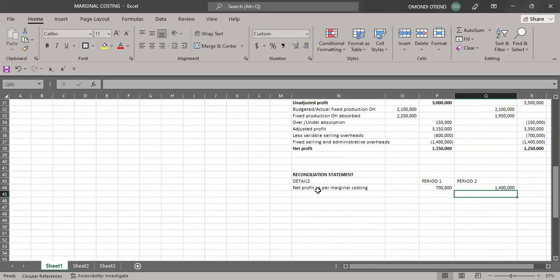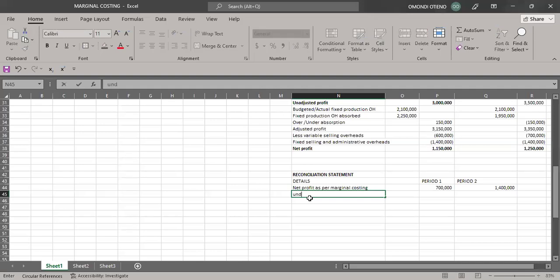Now, these profits will be affected by over or understatement of opening stock and closing stock. So we have understatement of opening.